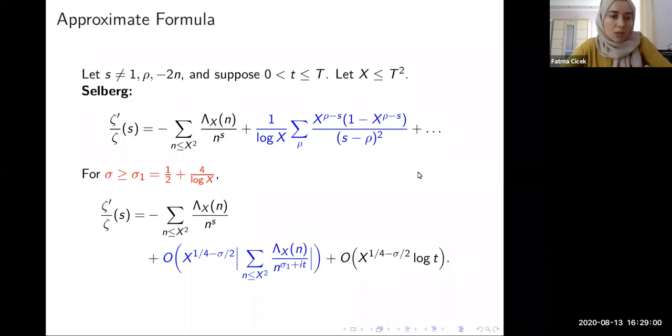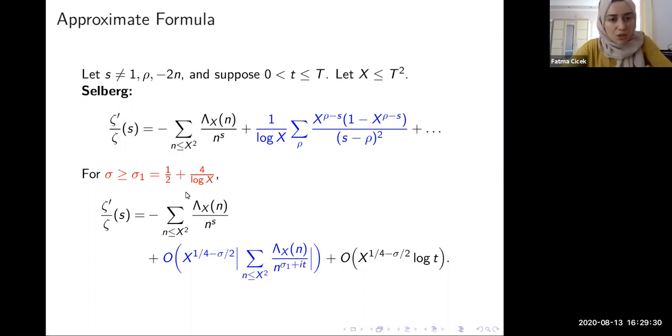In fact, when sigma is really close to 1 over 2, within 4 over log x, it turns out that this blue term can be approximated in terms of primes. So this is a sum over the non-trivial zeros, but it can be approximated in terms of a prime sum. This was a big step that Selberg was able to take in this direction. And the rest of the other terms are rather small.